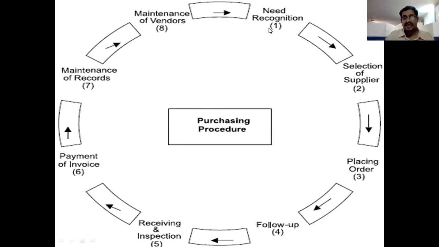So here, need recognition. Need means materials need identification. Suppose we take the example of student benches. The materials we have are wood, iron, paints, and nuts and bolts.